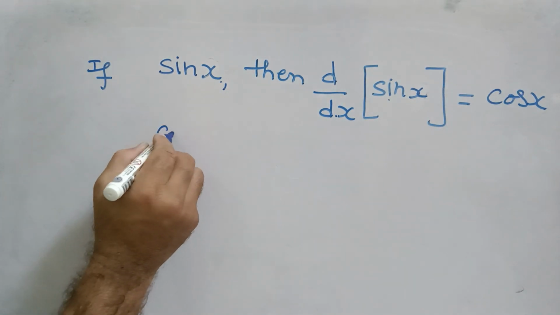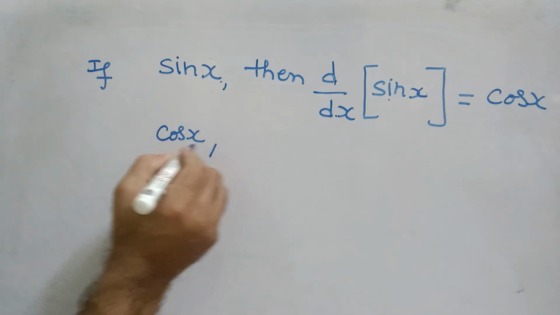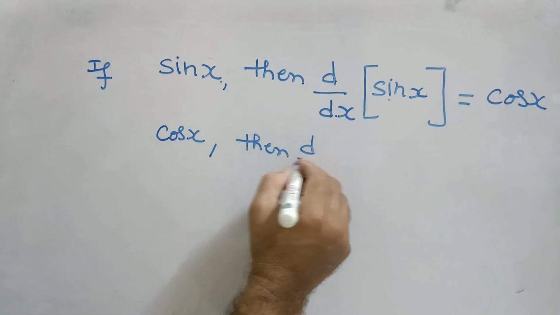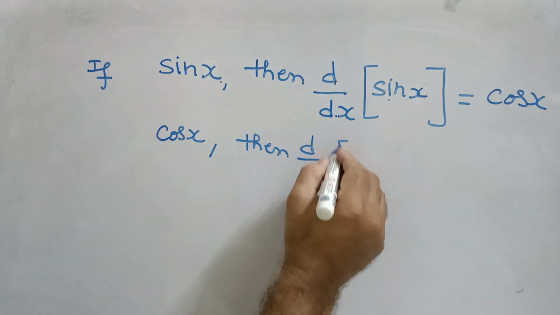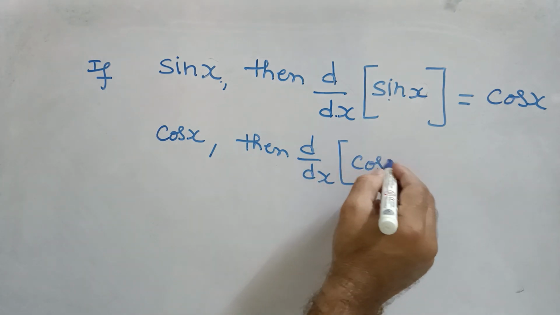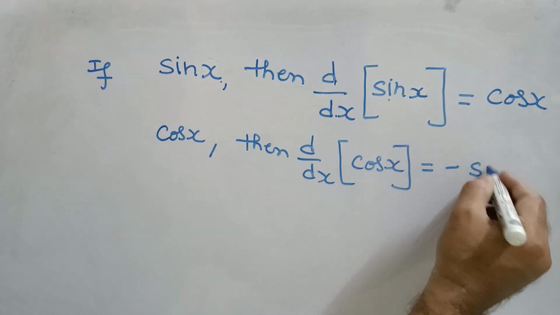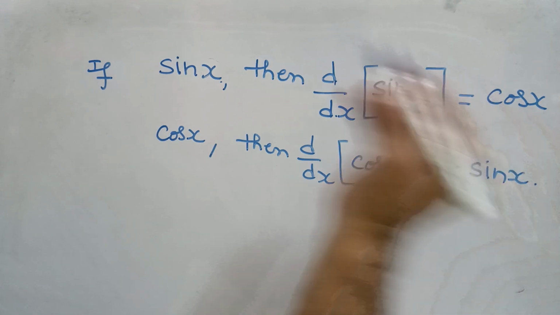Similarly, if cos x is given, then d by dx of cos x is equal to minus sin x. Please remember.